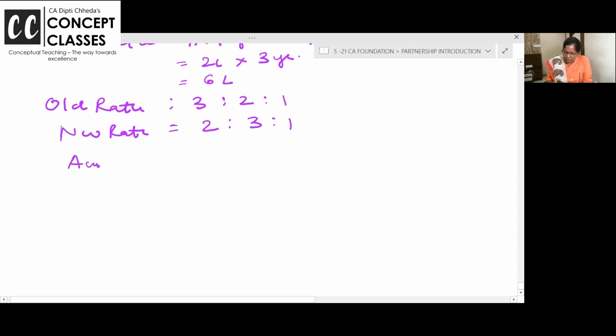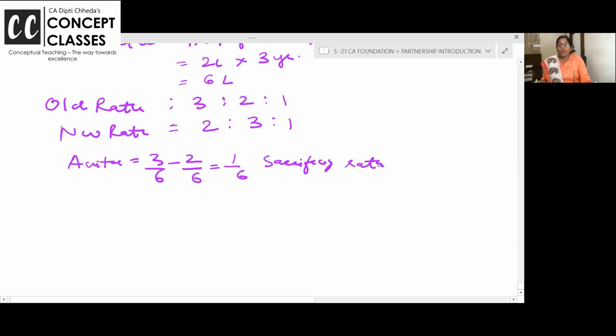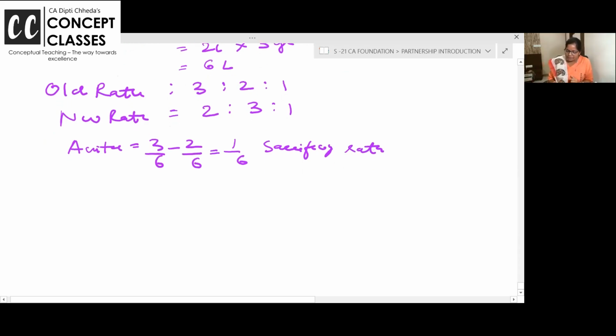First, we will do it for Anita. Old ratio 3/6, new ratio 2/6. So 1/6 is sacrificing. I hope you are getting. ये क्या हो रहा है अगर sacrificing करेंगे? Only PSR is changing. There is no admission, death, retirement. So just find who is sacrificing.